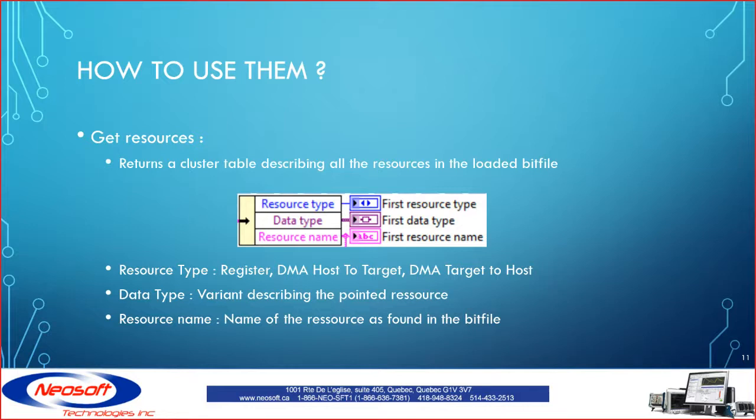The get resources returns an array of clusters describing all the resources loaded in the bitfile. So you can see the resource name. You can see what type of resource it is. Is it a register? Is it a DMA? Is it target to host DMA, host to target DMA? And there is the data type, so it's a variant describing the pointed resource.